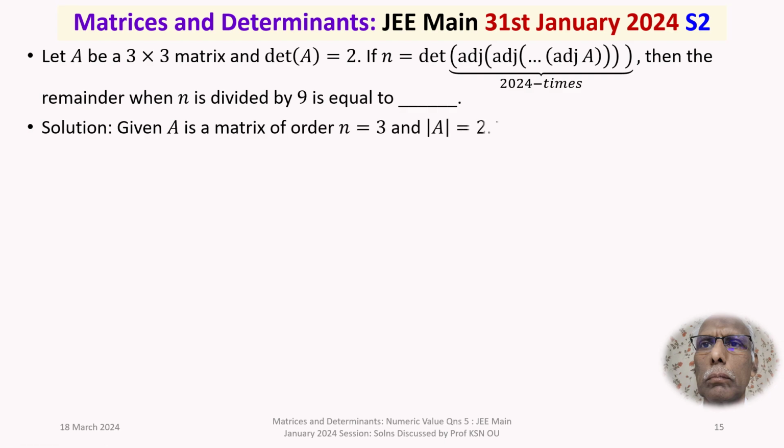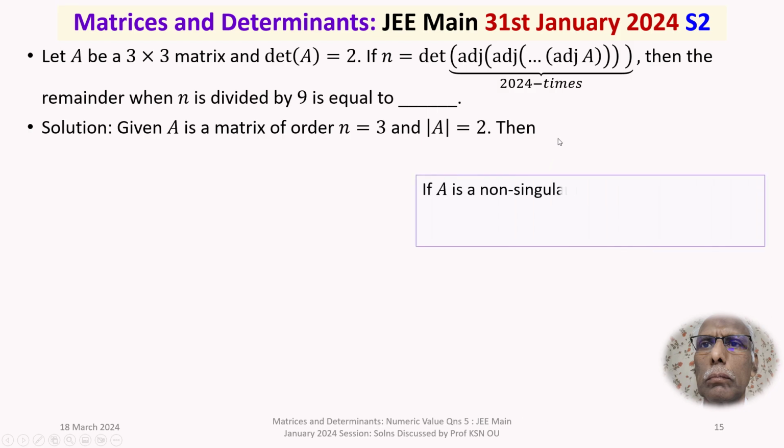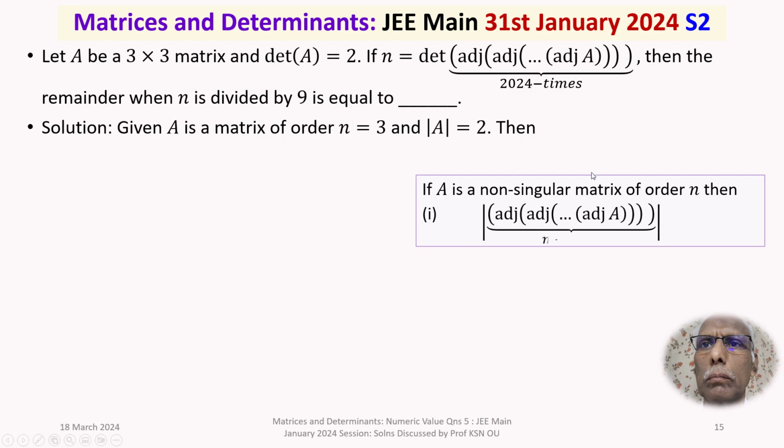Given A is a matrix of order 3, that means n is equal to 3. And the determinant of A is given to be 2. Then let's recall a result from the section Matrices and Determinants related to the adjoints.